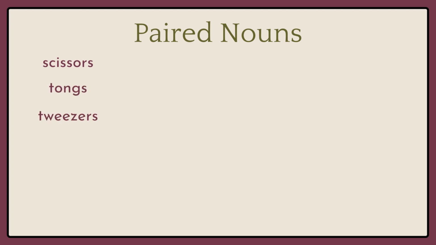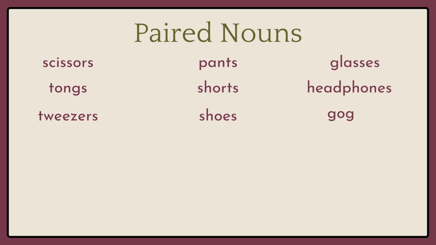Clothing for legs or feet is usually a paired noun, such as pants, shorts, shoes, jeans, etc. Also, accessories for eyes or ears that have two parts are usually paired nouns, like glasses, headphones, or goggles.